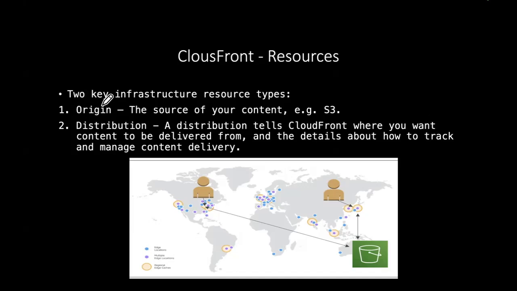So the origin construct is easy enough to understand because it relates to something we can imagine physically. A distribution construct is slightly more abstract, but it essentially represents your particular CDN distributed across the network of edge location servers. The distribution instance that you create is responsible for managing the content of the edge location servers.